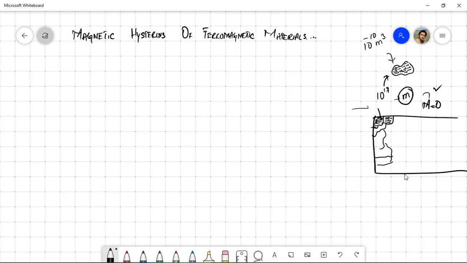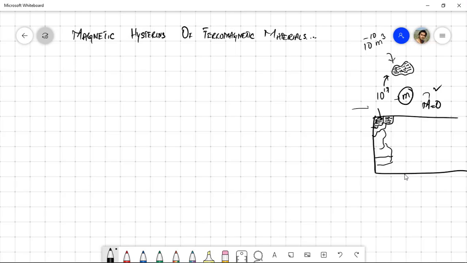With these two quantities, we can easily understand the behavior of ferromagnetic material. So suppose we have such equipment, and we give a value of magnetic field intensity H and measure the corresponding value of B inside the material.